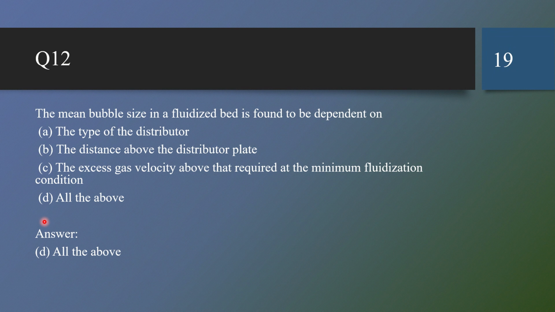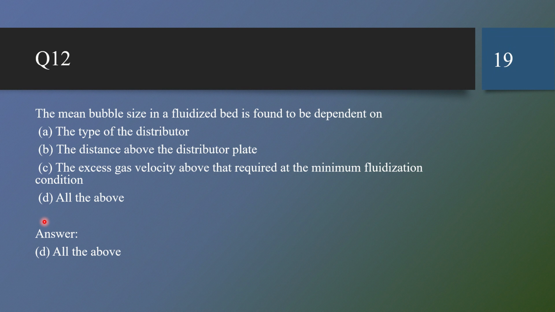Sorry, this was studied in last week's problem solving session itself: how different types of distributor influence the particle motion inside the bed. So type of distributor is one of the options, and distance above the distributor plate in turn affects the jet formation. So again it means bubble size.